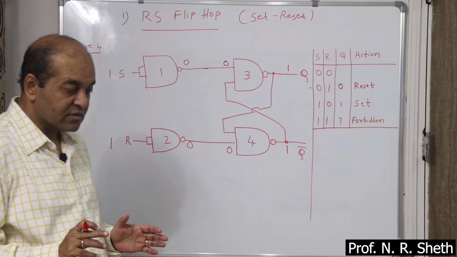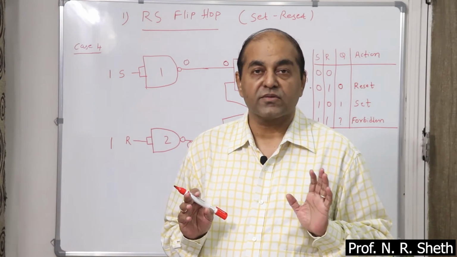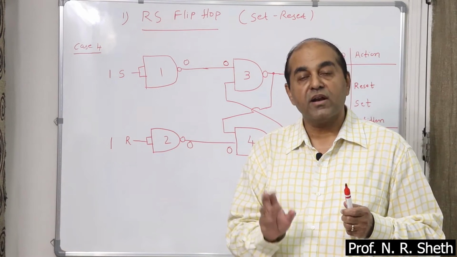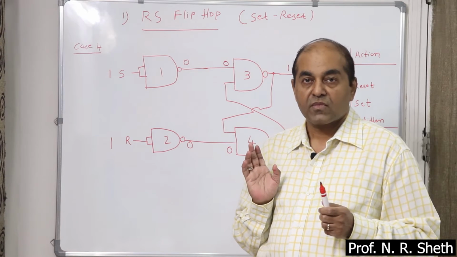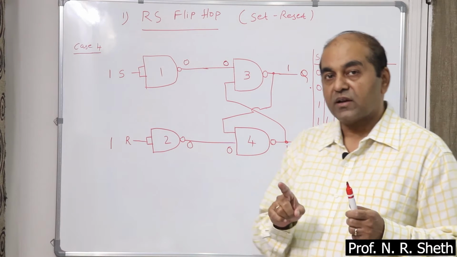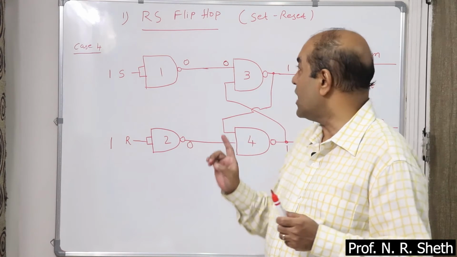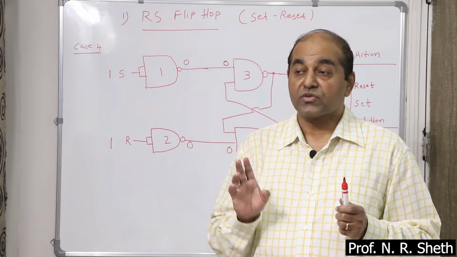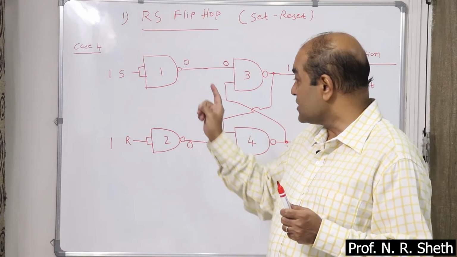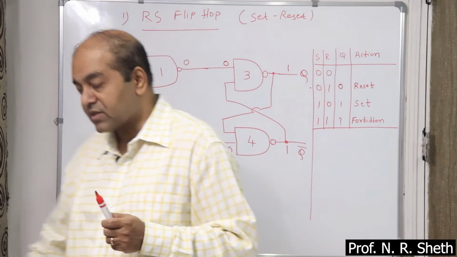All the designers have to keep this in mind, that when you deal with the RS flip-flop, S is 1, R is 1 is an invalid condition. Otherwise, you enter into the forbidden state. So you can say that this is the biggest disadvantage of the RS flip-flop, because you have to keep in mind that S is 1, R is 1 is not a valid state. That is known as forbidden.